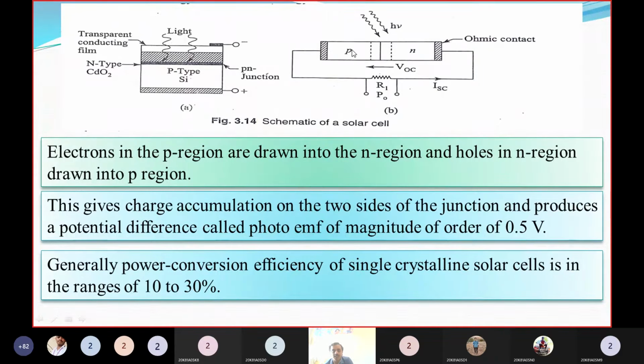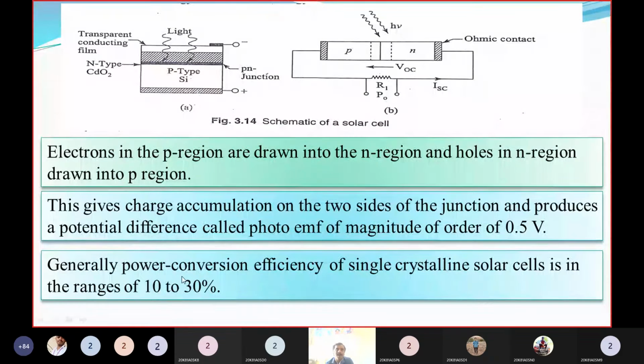The remaining charge carriers recombine. That's why we will not get that much efficiency from whatever light is incident. The maximum range of efficiency of the solar cell till now is 30% only.